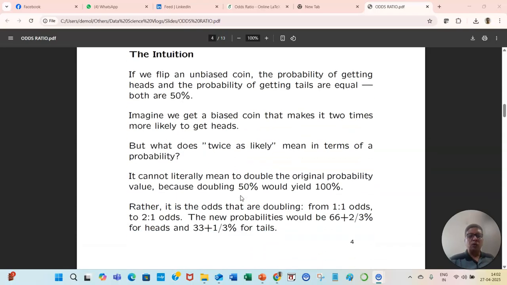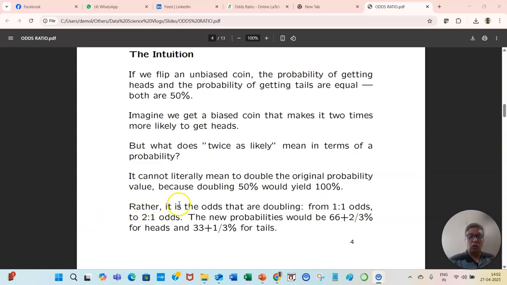We can talk about some intuition behind odds ratio. If we flip an unbiased coin, the probability of getting heads and the probability of getting tails are equal, both 50%. Imagine we get a biased coin that makes it 2 times more likely to get heads. But what does twice as likely mean in terms of the probability? It cannot literally mean to double the original probability value, because doubling 50% would yield 100%.